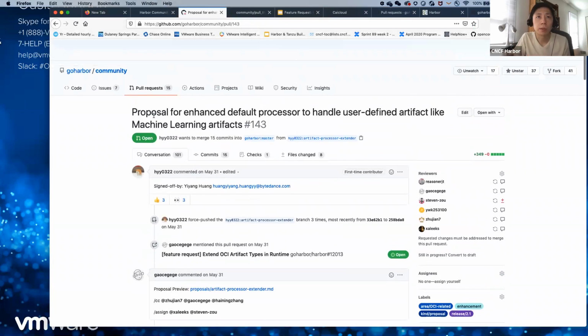There's a PR open called a proposal for enhanced default processor to handle user-defined artifact like machine learning artifacts. And so basically this is the work that we worked with an internet company called TiCloud in China to allow Harbor to host machine learning related artifacts for Kubernetes, essentially.